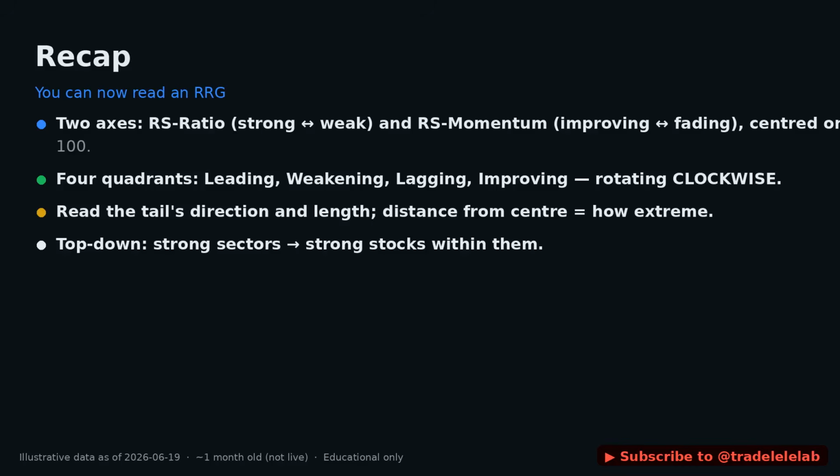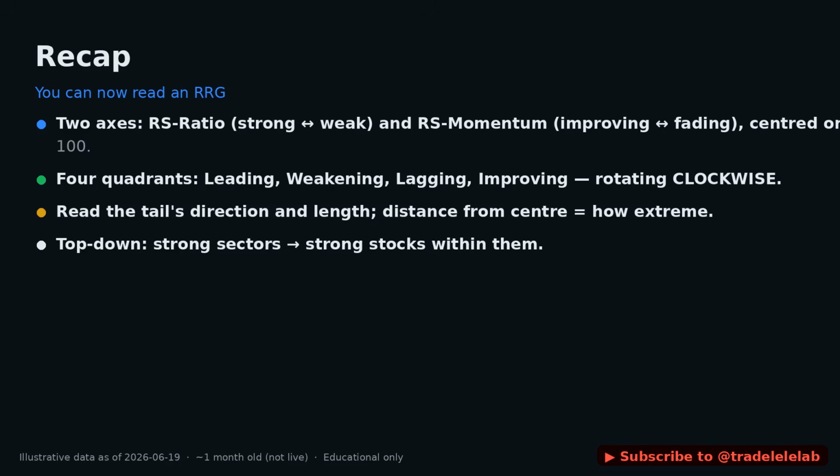Let us quickly recap everything. An RRG has 2 axes, the RS ratio, measuring strong versus weak, and the RS momentum, measuring improving versus fading, both centered on 100. Those axes make 4 quadrants: leading, weakening, lagging, and improving, which most sectors rotate through in a clockwise direction.